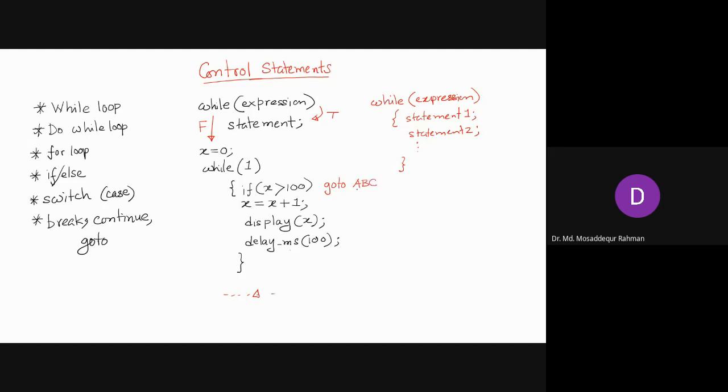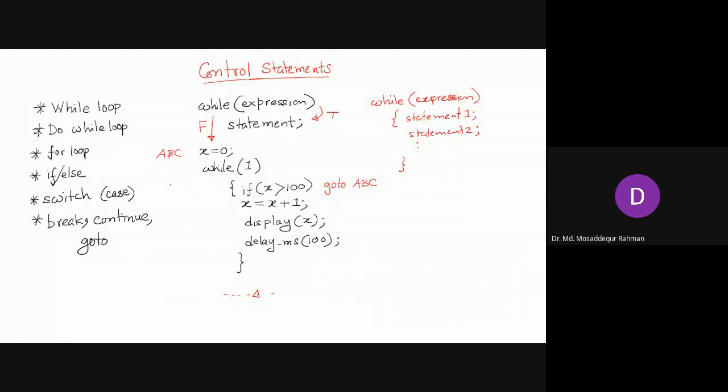Let's say ABC is a label for a certain instruction, and it can be put against any of the instructions. Let's say we label this x equal to 0 instruction with ABC. So when the program reaches the instruction, if x is greater than 100, go to ABC, then what will happen?